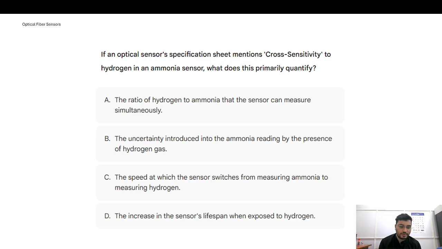C. The speed at which the sensor switches from measuring ammonia to measuring hydrogen. And D. The increase in the sensor's lifespan when exposed to hydrogen. What is the correct answer here? We are dealing with the cross sensitivity to hydrogen for an ammonia sensor.